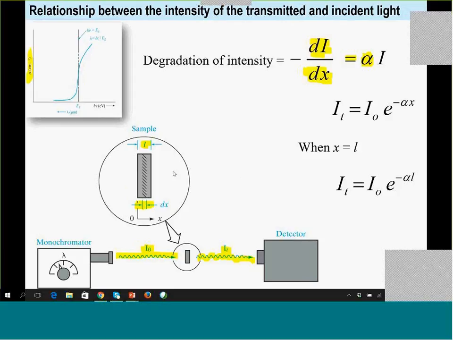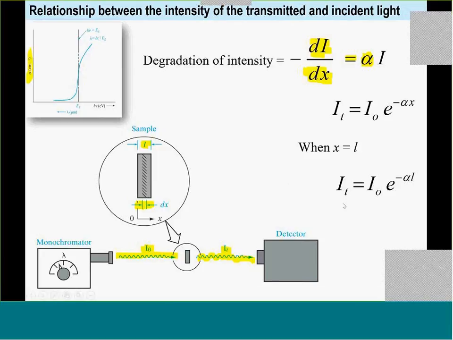Okay, let's move on and try to use it in a real situation. I hope all of you have put it inside your mind that the intensity of the transmitted light is equal to the intensity of the incident multiplied by e to the power of negative alpha L. Jot down this equation somewhere because you are going to use it shortly.